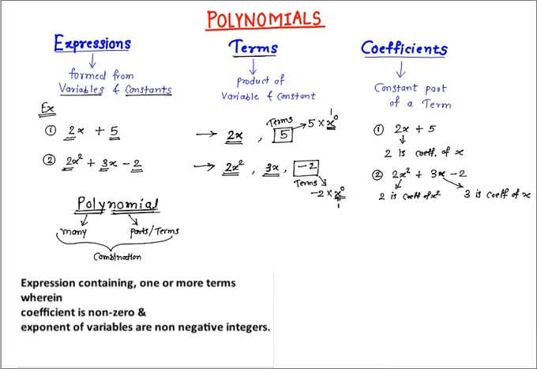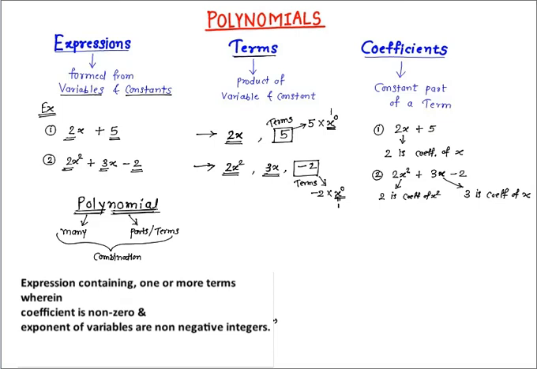Polynomial is an expression with one or more terms, wherein we have two conditions, one for the coefficient and another for the exponent of variable. The coefficient should be non-zero and the exponent of variable should be non-negative integers.